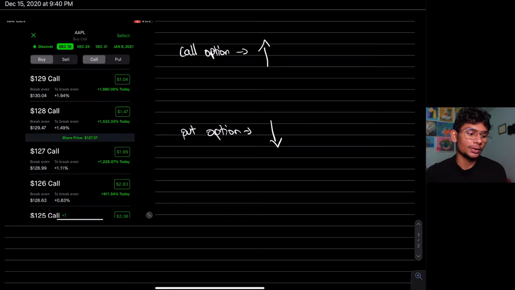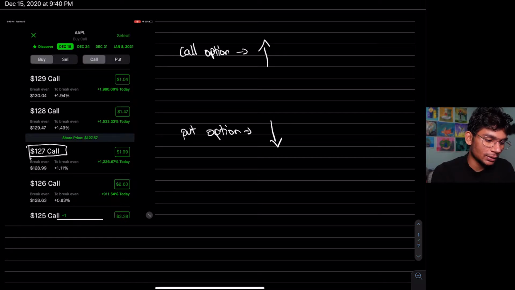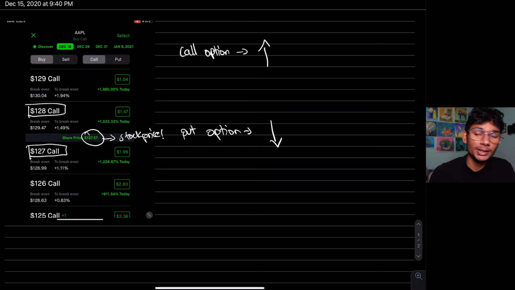So if you look at a call option, here is an example of a call option that I have, and I'm going to use Apple as an example. We see that there are strike prices here, and this right here is the stock price. This is the price that the stock is currently at.